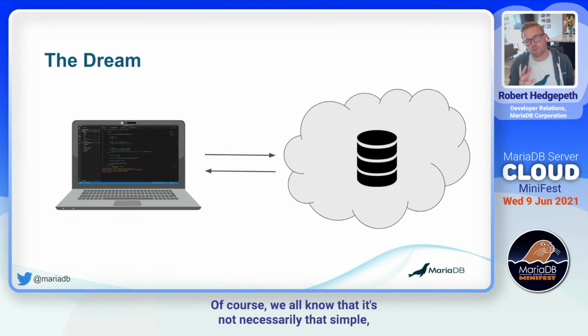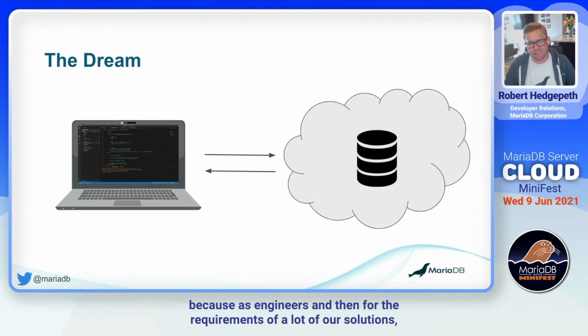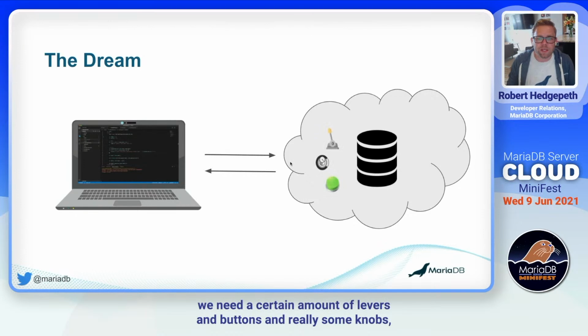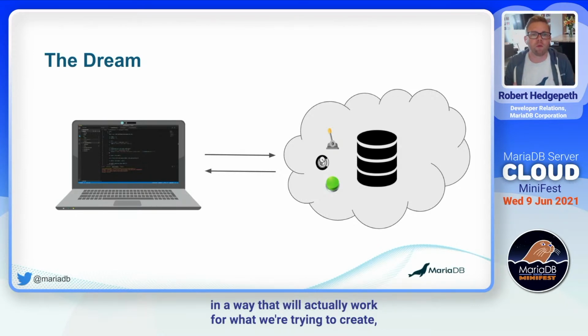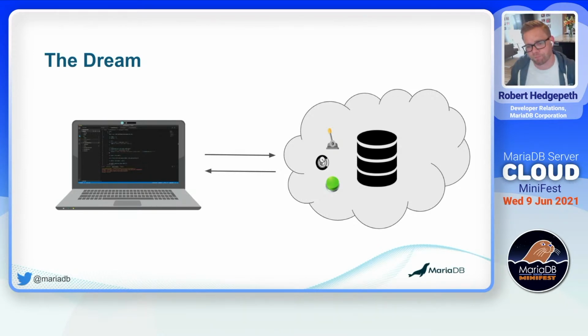Now, of course, we all know that it's not necessarily that simple, because as engineers, and per the requirements of a lot of our solutions, we need a certain amount of levers and buttons and really some knobs that allow us to tune or configure the database settings in a way that will actually work for what we're trying to create.